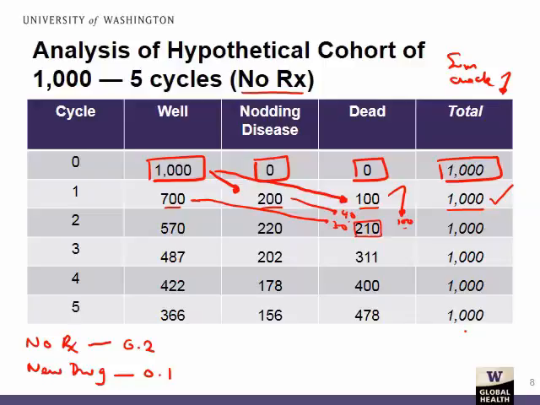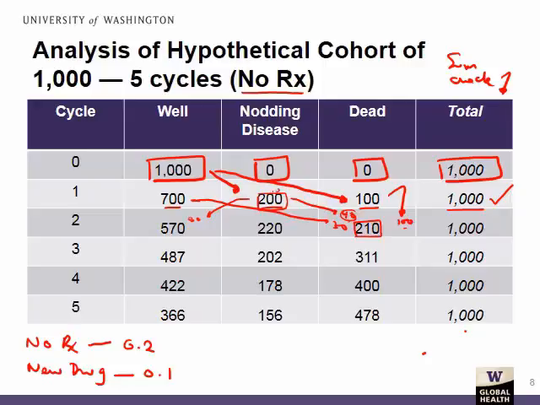Now, of these 200 who started out with nodding disease, 40 of them died. So those ones entered the dead state. But a proportion recovered, and the proportion who recover is 40%. So 40% of 200 is 80. So 80 go back to the well state. If those 80 go back to the well state and you lost 40 to the dead state, that means that you have a balance of 80 patients.